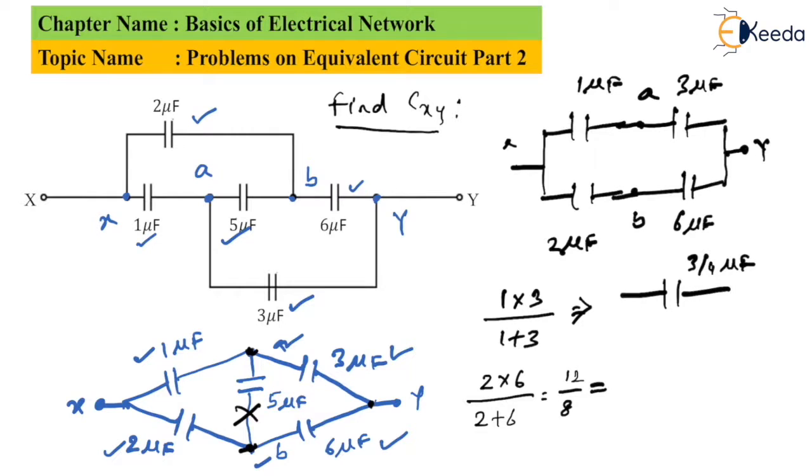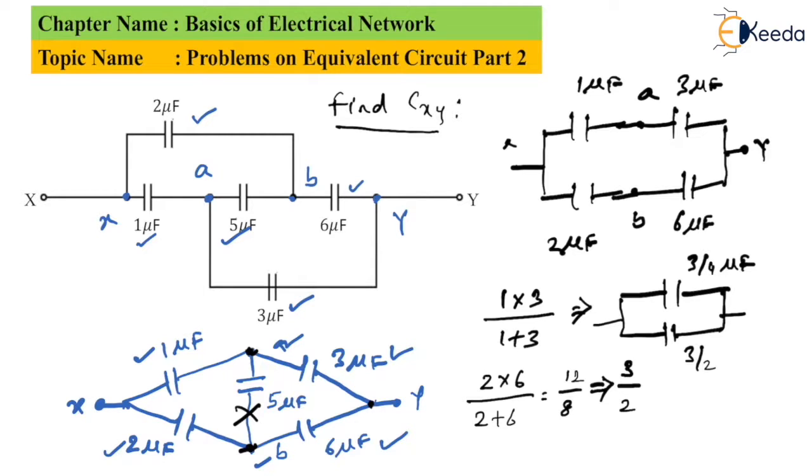By reducing, I can say that it is 3/2 microfarad. So 3/4 microfarad and 3/2 microfarad are connected in parallel.